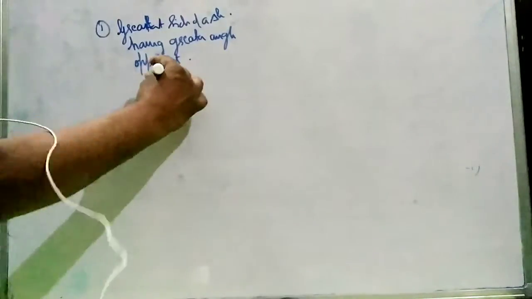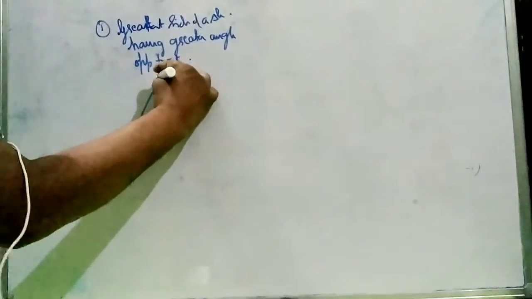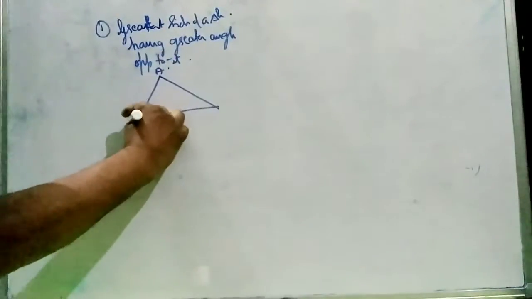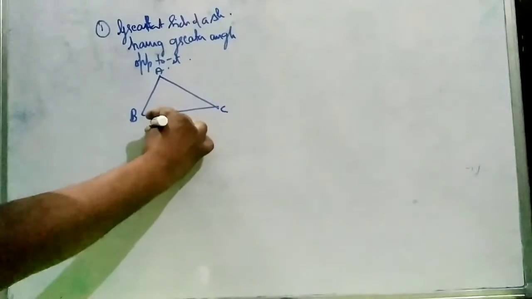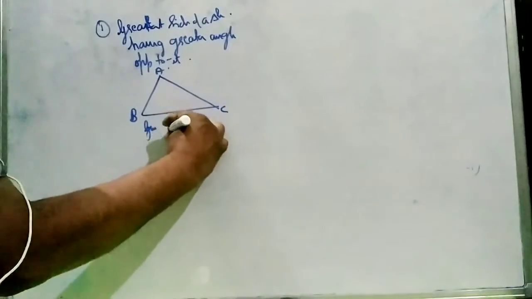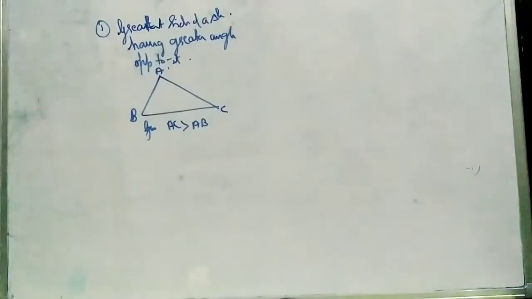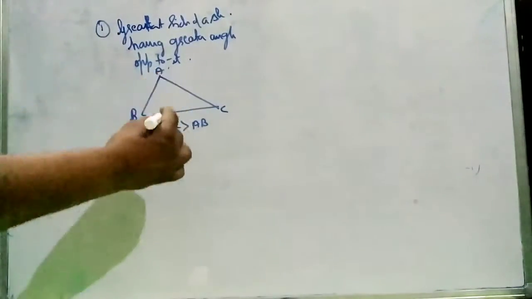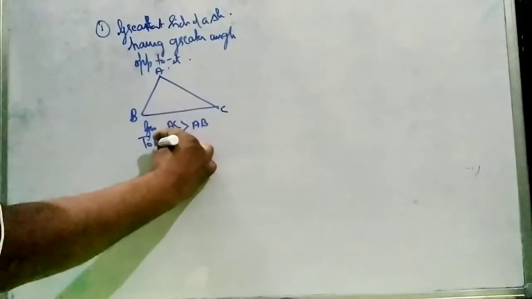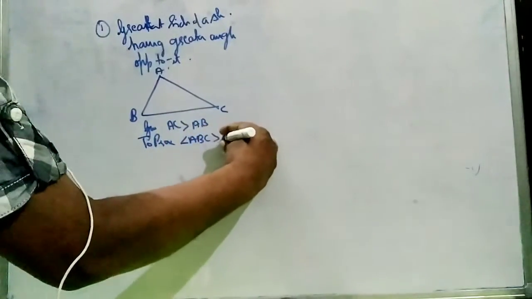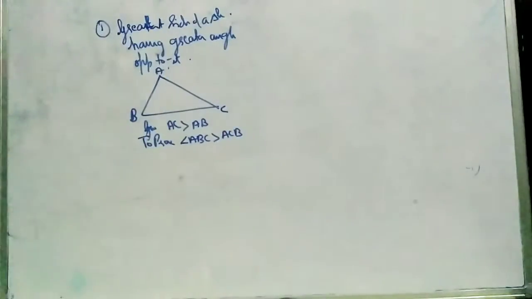It means that suppose we take a triangle ABC, given that AC is greater than AB. This is the greatest side, AC. To prove that the angle opposite to them, that is angle ABC, is greater than angle ACB. This you have to prove.